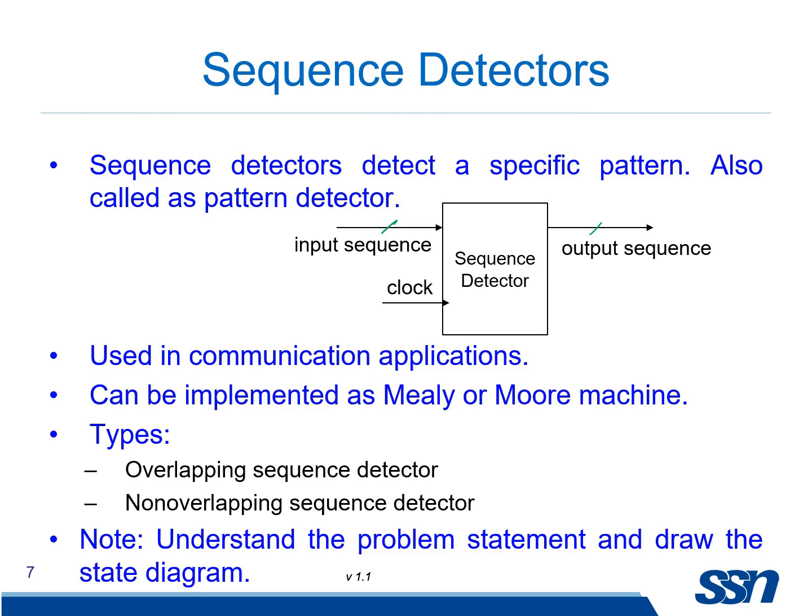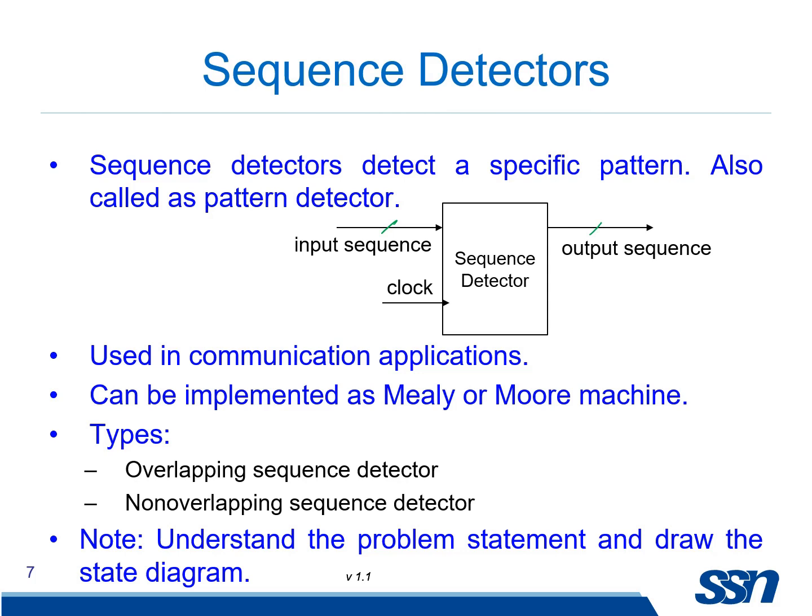The sequence detector can be implemented as Mealy machine or Moore machine, depending on whether your output should depend on the present state alone or on the present state and the external input. And the types we have are overlapping and non-overlapping sequence detectors.